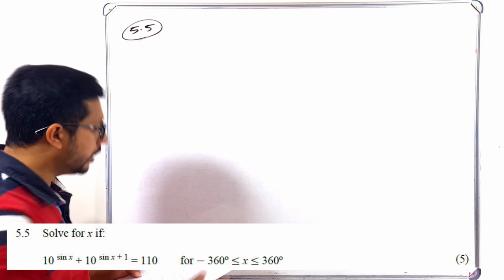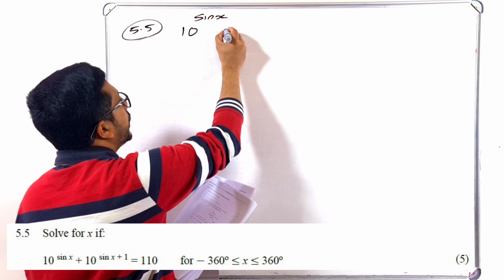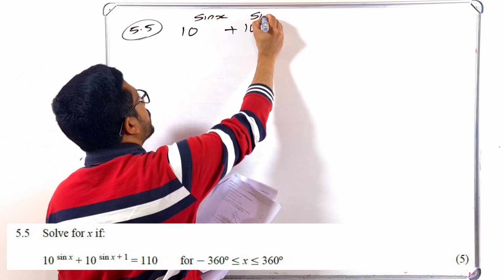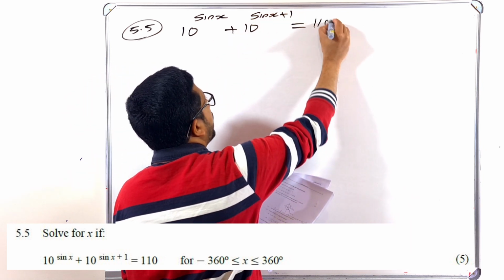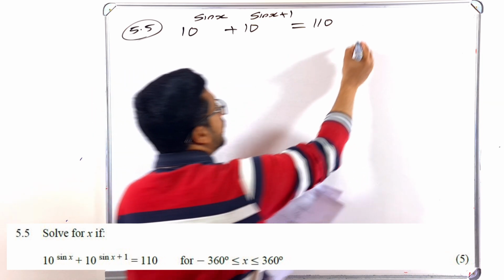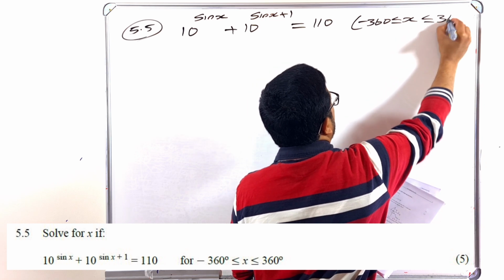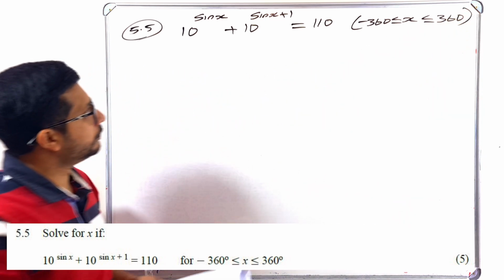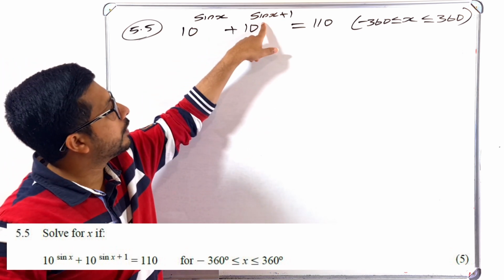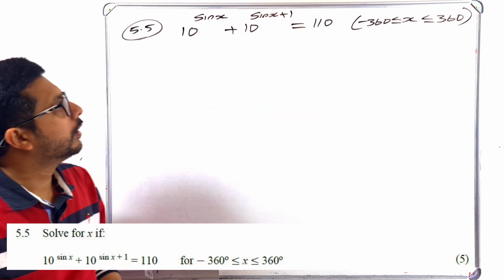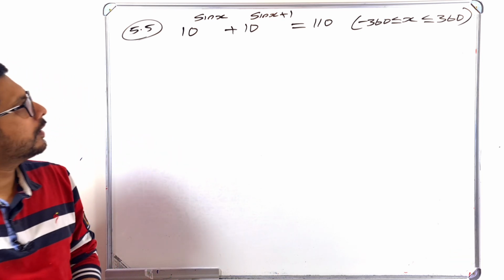Okay, and what is the question? 10 raised to sin x plus 10 raised to (sin x plus 1) is equal to 110, where minus 360 is less than or equal to x, less than or equal to 360. You have to find the values of x, where 10 raised to sin x plus 10 raised to (sin x plus 1) is equal to 110.